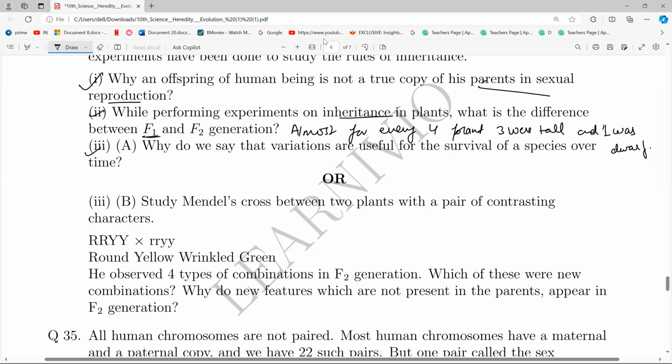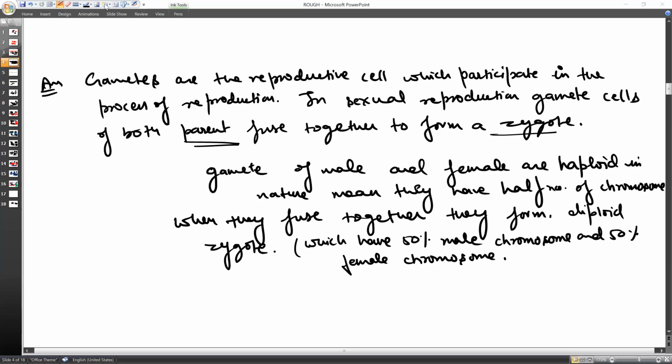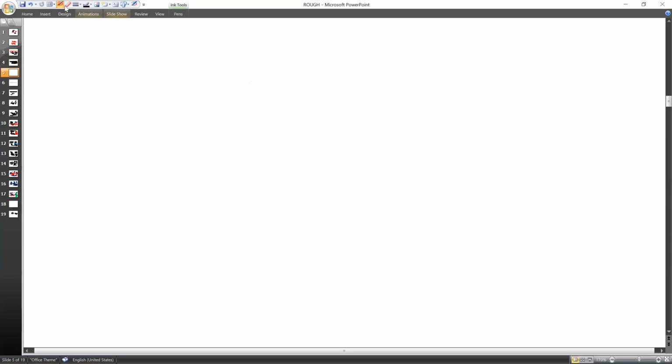So let's discuss this one. Here we need to note down how variations actually provide the survival advantage.